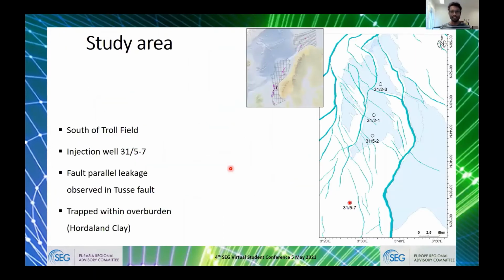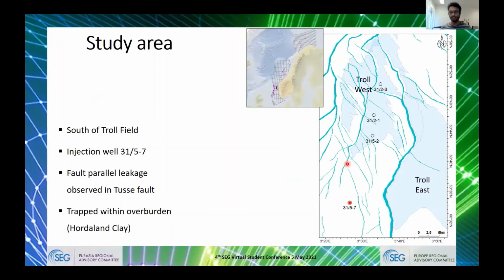Study area: in this map, this is mainland Norway, and this part is the Norwegian North Sea, this is the Norwegian Sea, and this is the Barents Sea. Our study area is located in the northern North Sea, as I said earlier. This is the zoomed section, and I think most of you have heard about the Troll gas field.